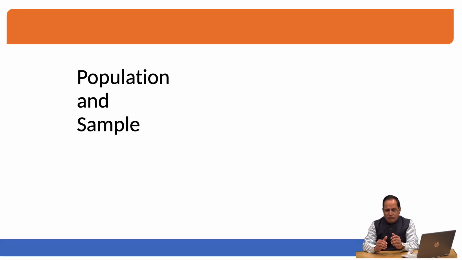When the size of the population is not very large, and the expenditure, time consumption and other factors are not very huge for conduction of the research, then we can go for the census study.